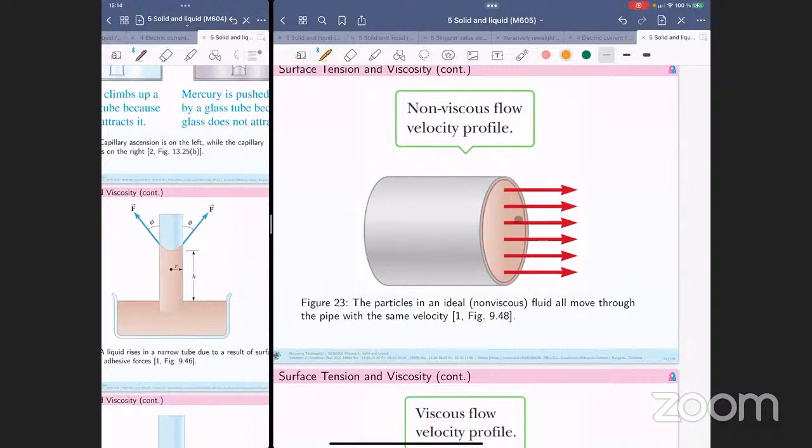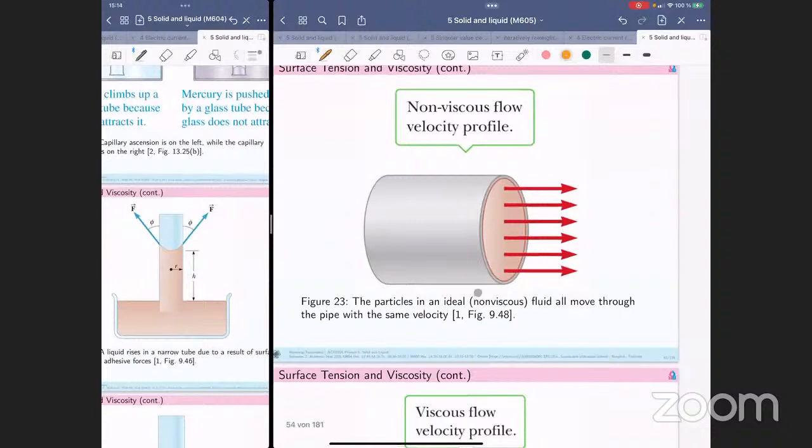There is no friction among several layers of that fluid, so everywhere can move freely with the same speed because there is no friction. So if you measure the speed or the velocity at different points of this liquid, you would find the same value. When you have the same speed at different points, we call it a non-viscous flow velocity profile. The velocity is the same everywhere.